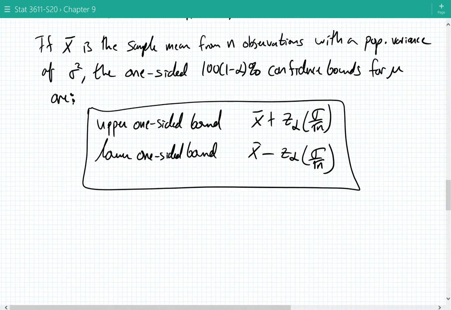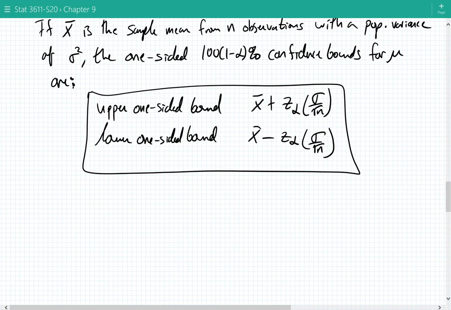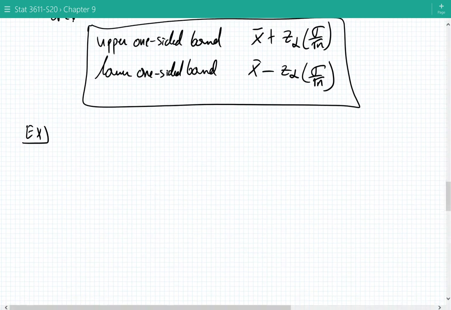Okay? So what are these? Let's take a look at an example of what this might look like. And this might help provide some interpretation on what a one-sided confidence interval is. It's unbounded typically in one direction. So let's take a look at the following example.